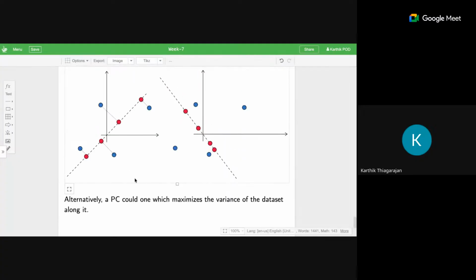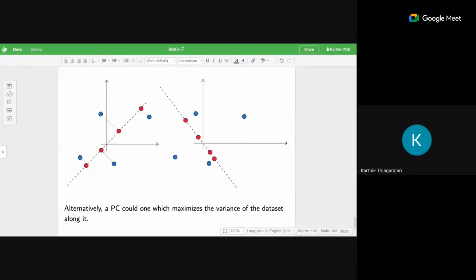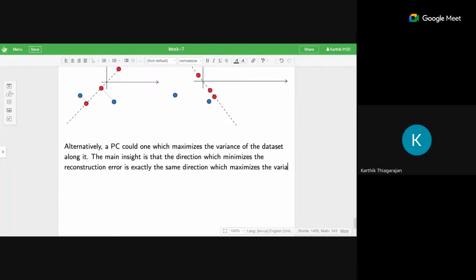And interestingly, or very surprisingly, the main insight is that the direction which minimizes the reconstruction error is exactly the same direction which maximizes the variance.